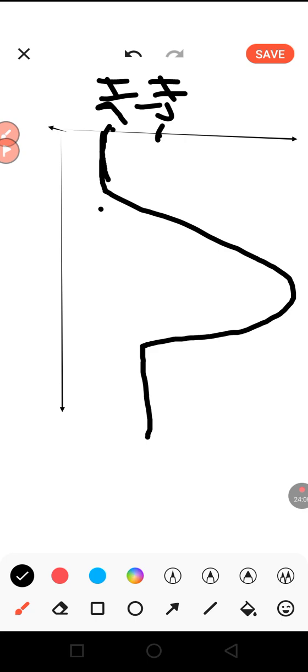Now for the effect of the catalyst, the catalyst brings down the activation complex.